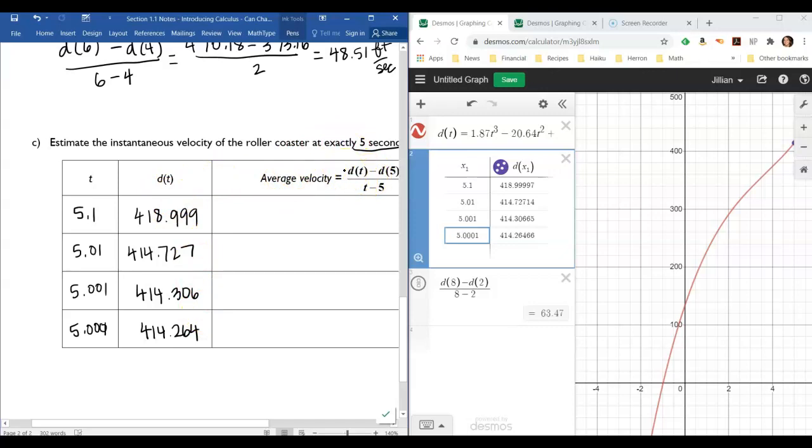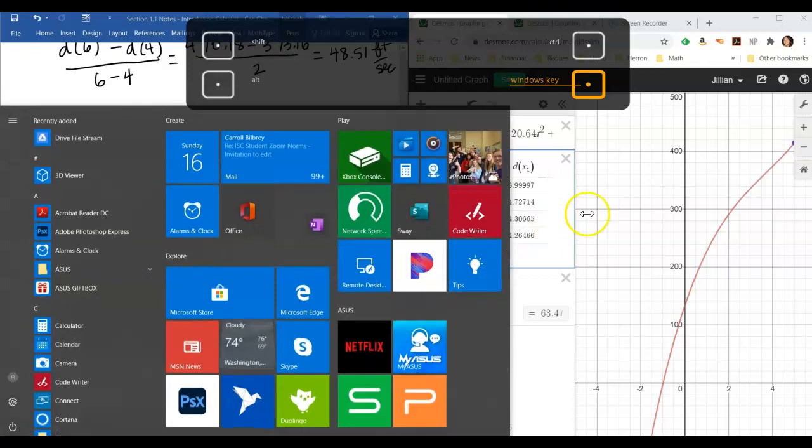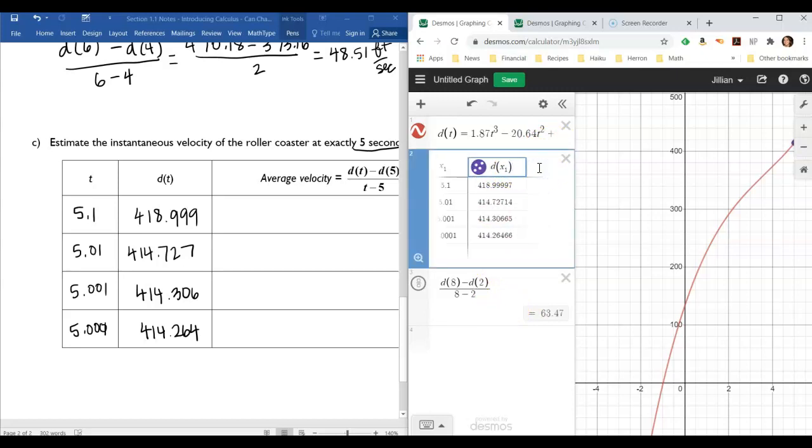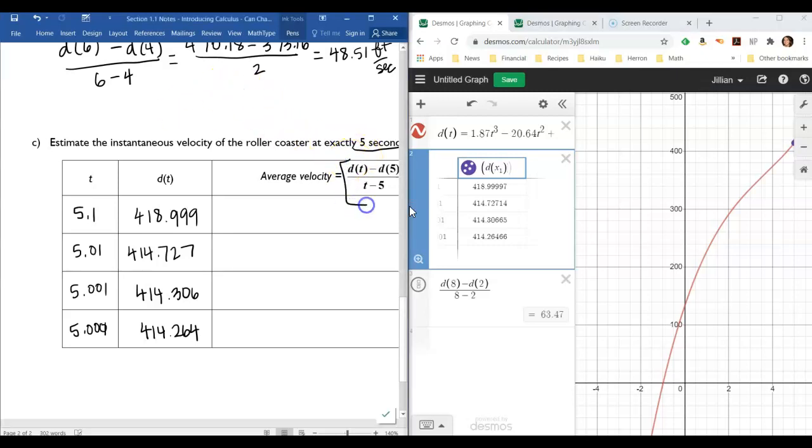Now something fun that you can do, instead of having to retype that every time, we could actually put our formula up in this table. So I'm going to put some parentheses here because I want this up in the numerator. So right now I'm going to type in this formula over here into Desmos.